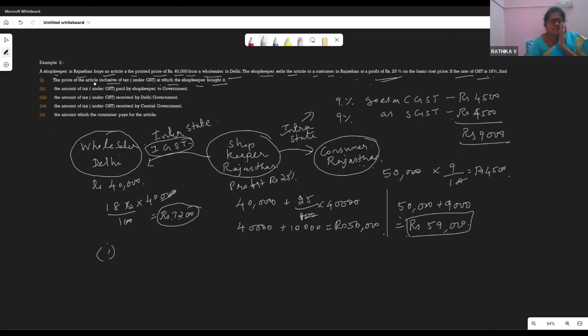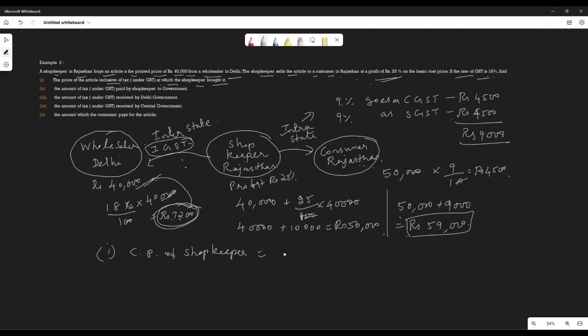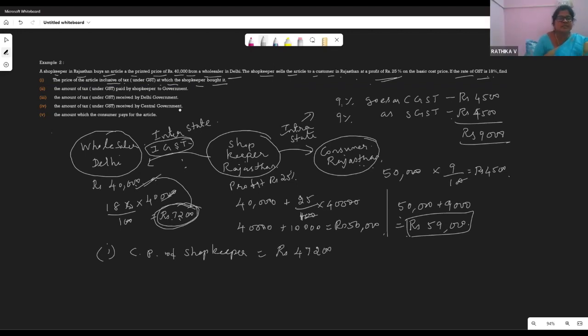The original cost is 40,000, and the GST is rupees 7,200. So the cost price of the shopkeeper is 40,000 plus 7,200, which is 47,200.